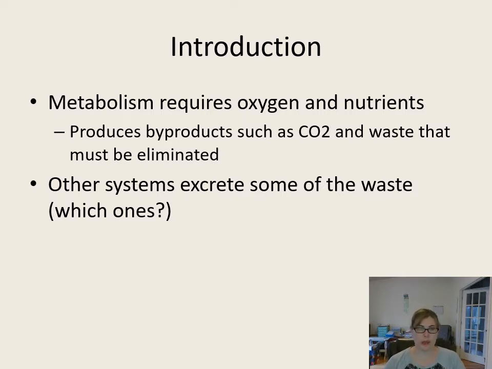And we've talked quite a bit about systems that excrete some of the waste. Hopefully you can figure out that the digestive system obviously is going to eliminate a lot of waste. We also eliminate some waste through breathing. Carbon dioxide is considered a waste product. And then our integumentary system, our skin, also has a little bit of excretory function.